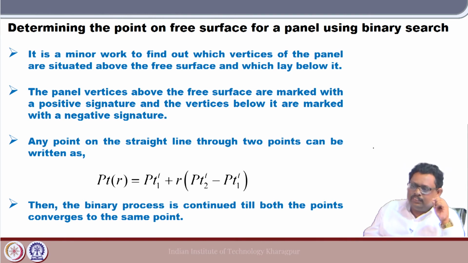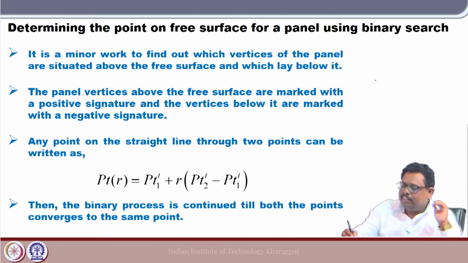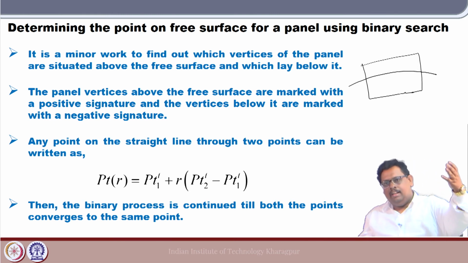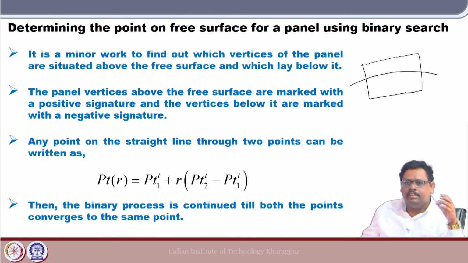Now, you have to go from the positive signature to the negative signature. Let us demonstrate. Suppose you have a panel like this. If all 4 are positive signature, it means that it is either above the free surface or below the free surface, based on what you define with respect to the positive signature.